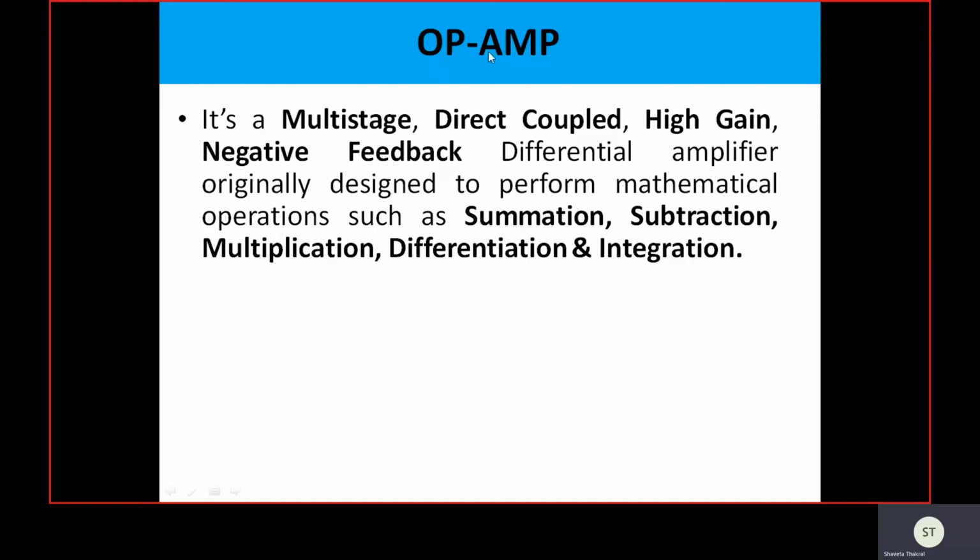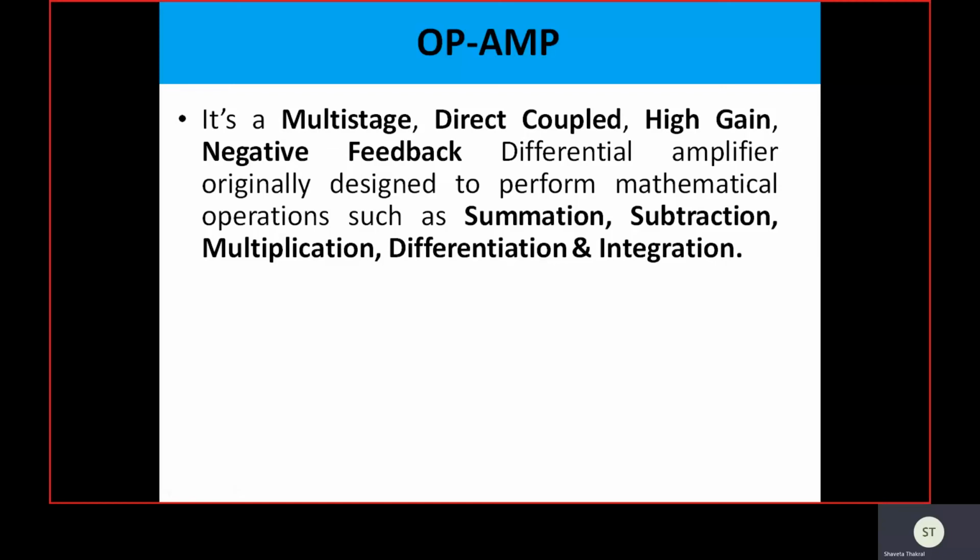So an operational amplifier is nothing but an IC in which various stages of amplification are cascaded via a direct coupling arrangement. As there is a multi-stage arrangement for amplification, the gain of the operational amplifier is very high, and negative feedback is employed in the system so that the gain remains stable.